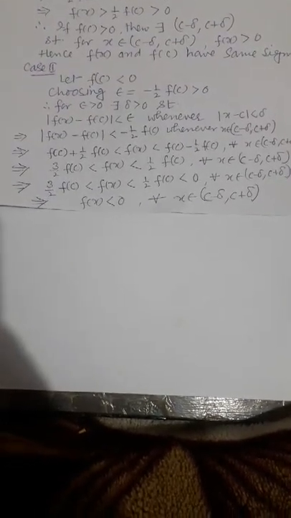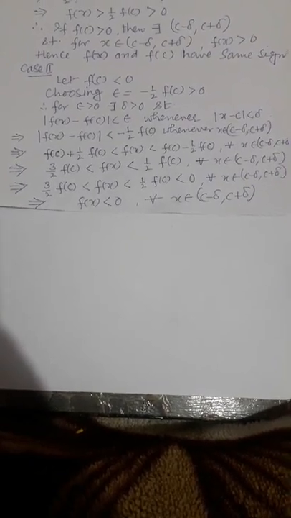the absolute difference of f(x) and f(c) is less than epsilon whenever the absolute difference of x and c is less than delta.